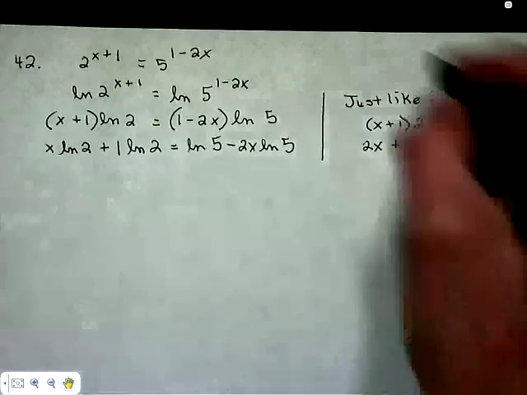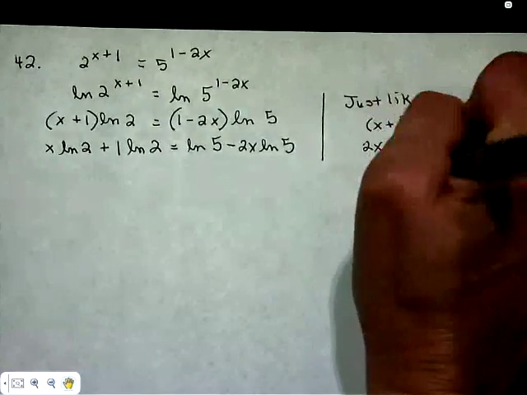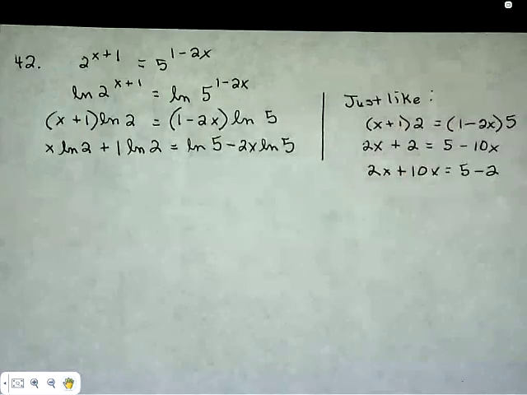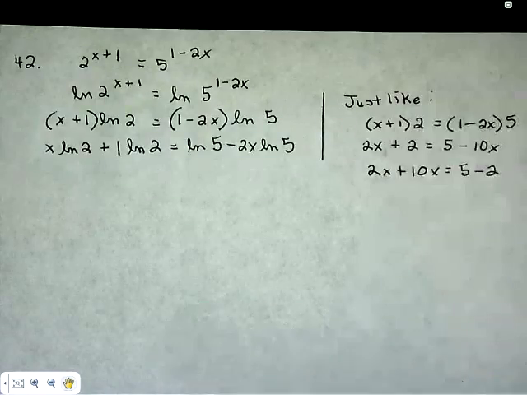So I personally would add 10x to both sides and subtract 2 from both sides. No, because they're not like terms. Let me write this down and I think it'll clear it up for you.